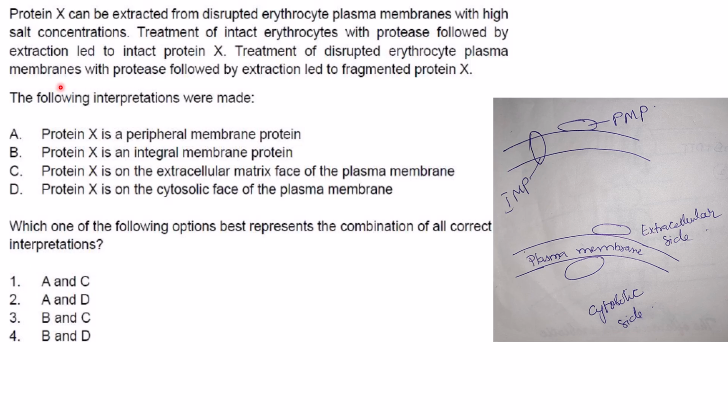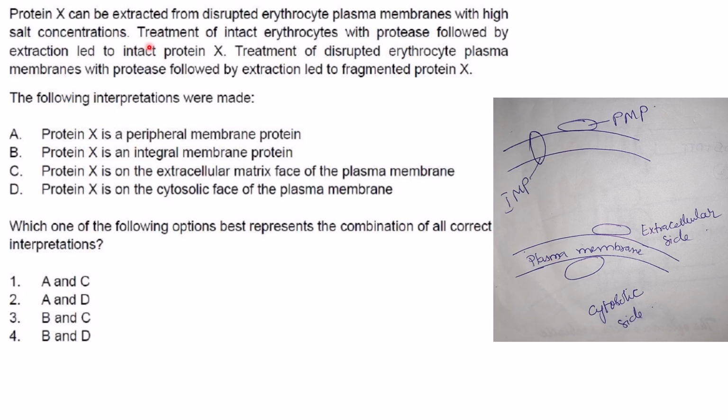Protein X can be extracted from disrupted erythrocyte plasma membranes with high salt concentrations. Okay. So how is protein X extracted? Usually you disrupt the erythrocyte plasma membrane, treat it with high salt concentration, and protein X is extracted.